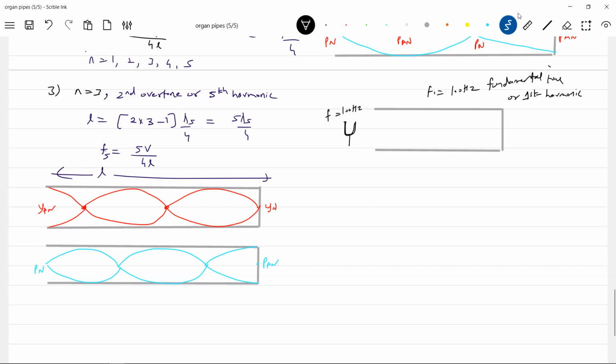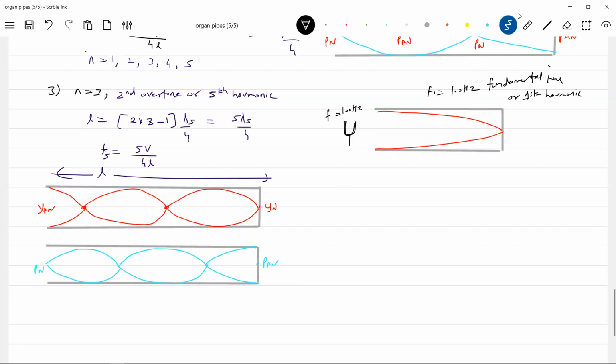So what do we notice? We notice this is a displacement wave. When the frequency of the tuning fork becomes equal to 100 hertz, we get the maximum transfer of energy from the tuning fork to the organ pipe, and we do get maximum sound.